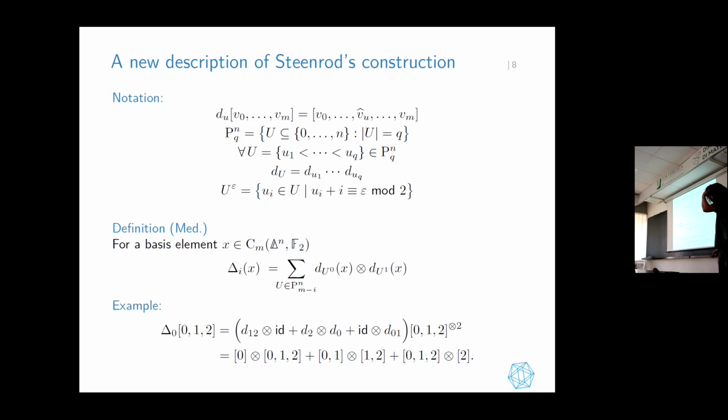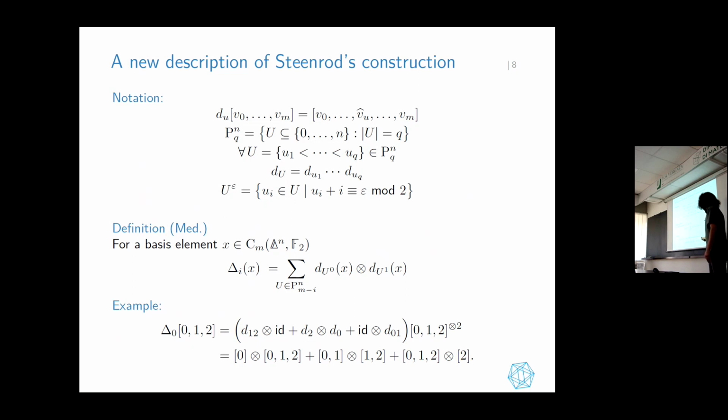I would like to maybe illustrate this with an example that is potentially familiar to some people. What is delta 0? That's just the Alexander-Whitney diagonal applied to this two-dimensional simplex. We see, playing this game, that we split things in this way. So we have three cardinality 2 subsets of the set 0, 1, 2, and they're split according to the rule that I described here.